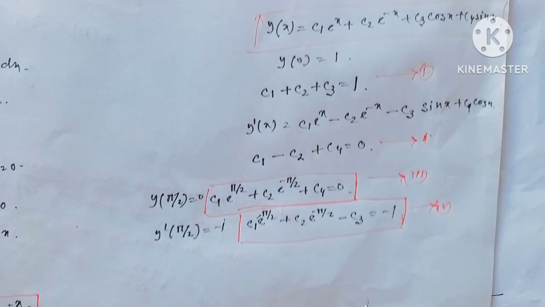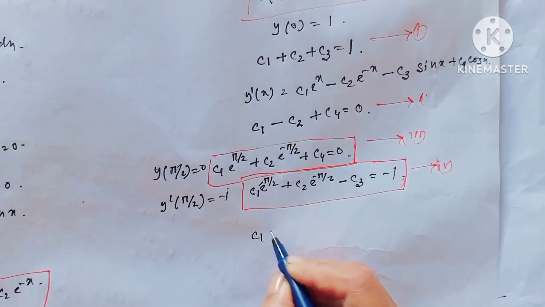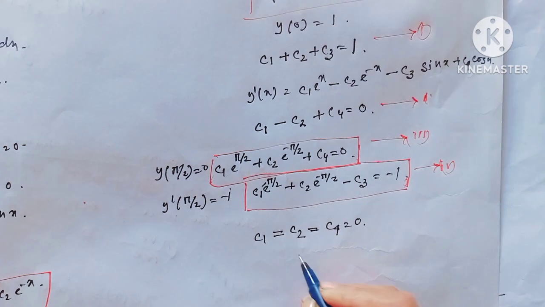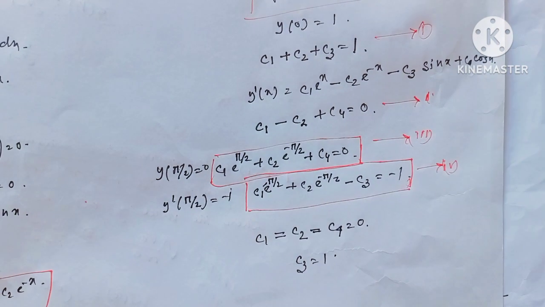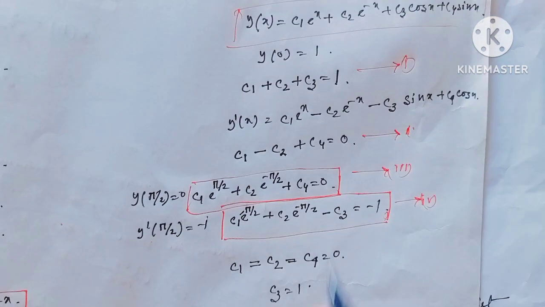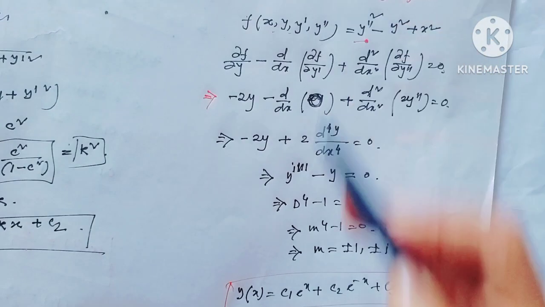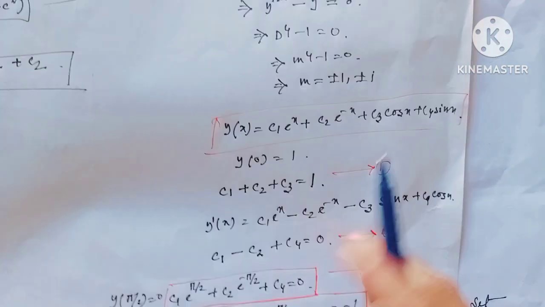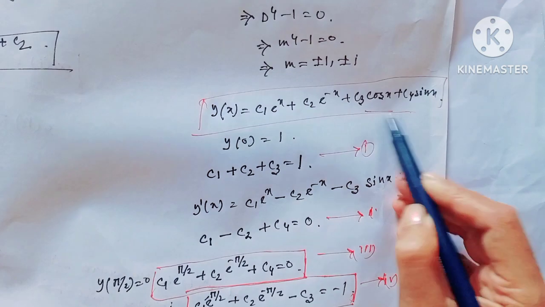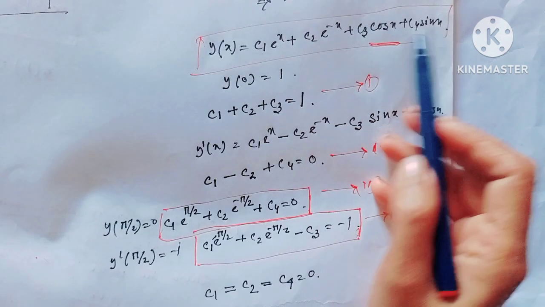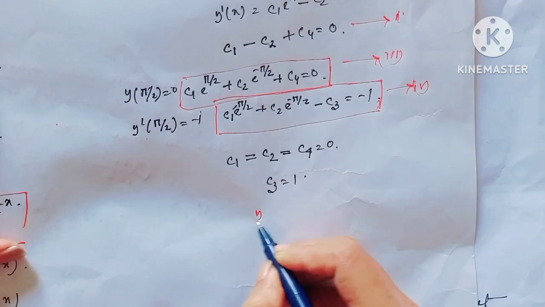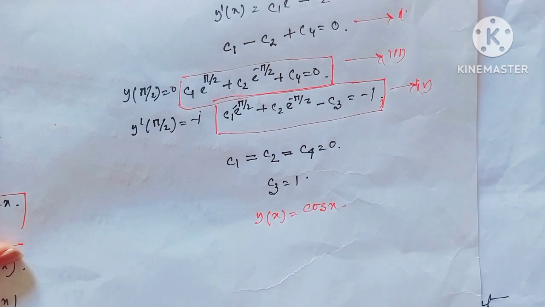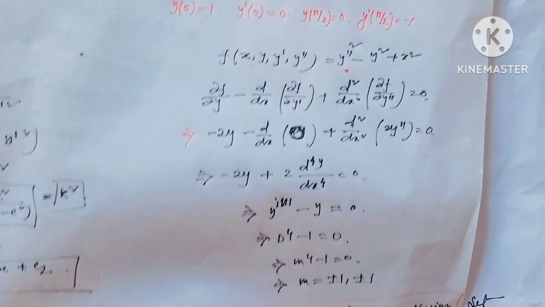Solving, I will get c1 equal to c2 equal to c4 equal to 0 and c3 equal to 1. Therefore, since c3 equal to 1 and the other terms are 0, y(x) equal to cos x is the extremal of this functional.